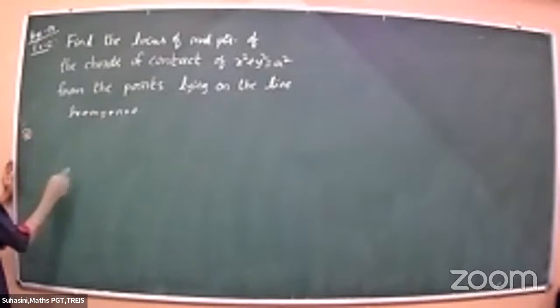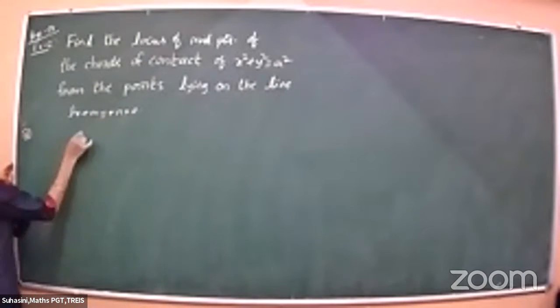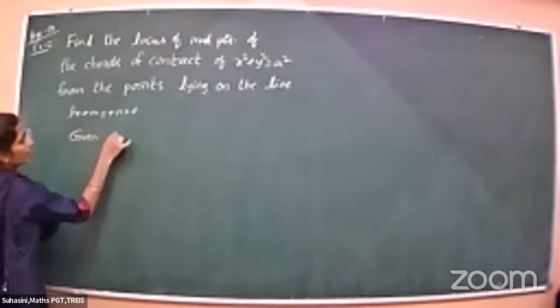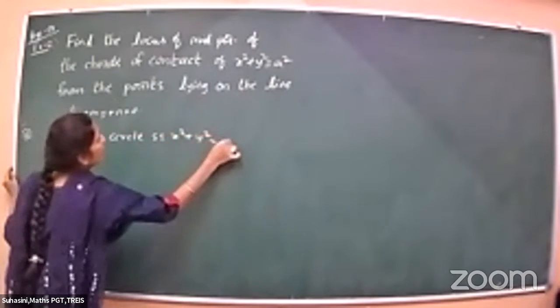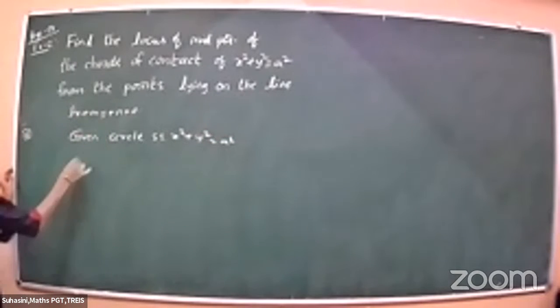Solution. Let us write the given circle, children, and the given line.